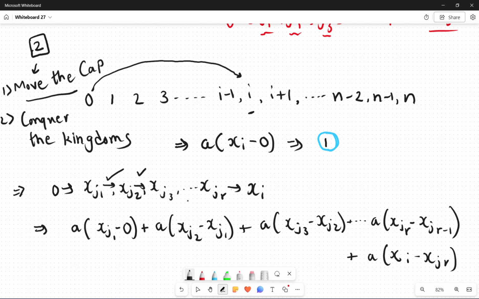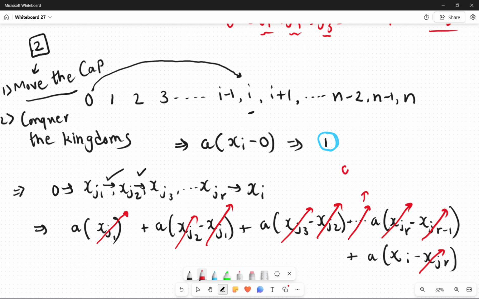Okay, so basically you can notice here that this 0 vanishes, so this cancels out with this thing. This cancels out with this thing, this cancels out with this thing. So you will notice that this cancels out with this thing, and this will be already cancelled out by here.